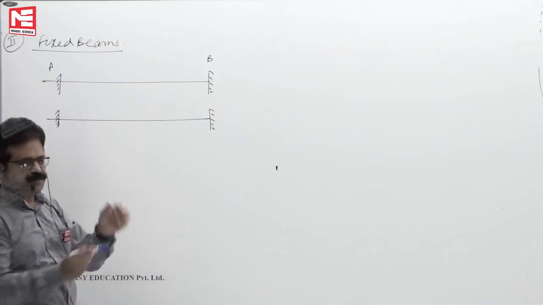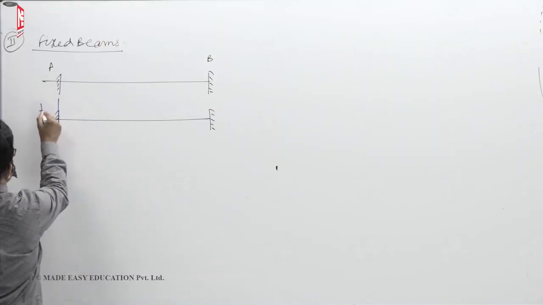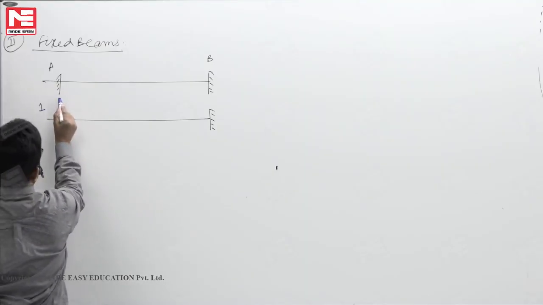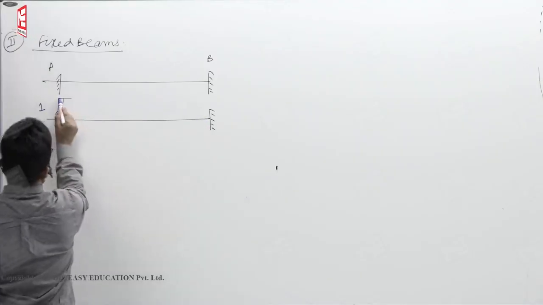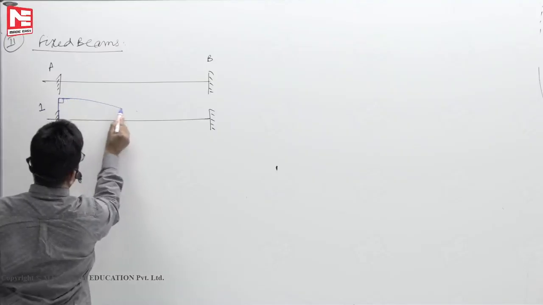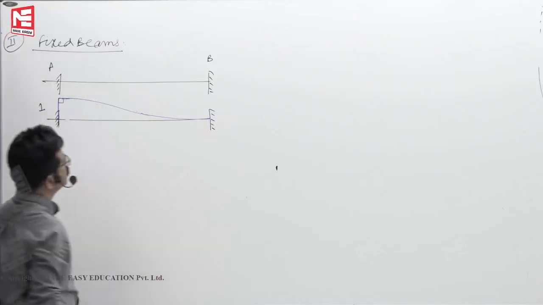Don't remove the fixed end moment. Lift it by 1 like this. Because the fixed support moment we didn't remove, the 90-degree angle should be maintained. Here slope should be 0. So it will go something like this way.